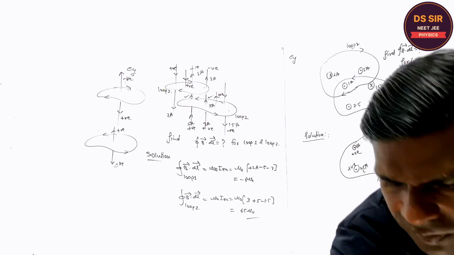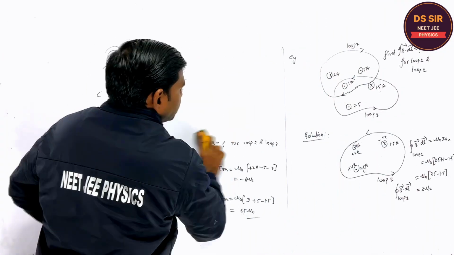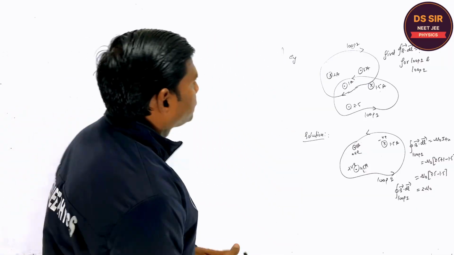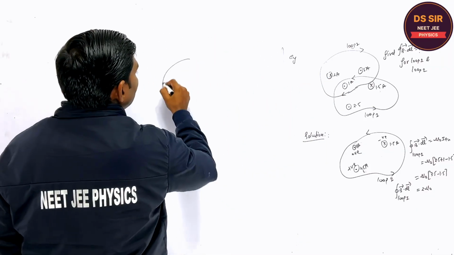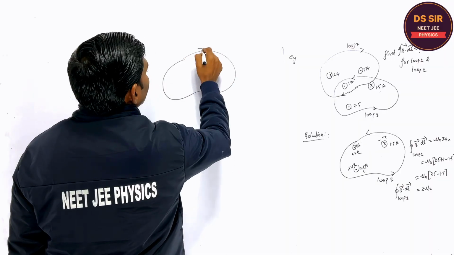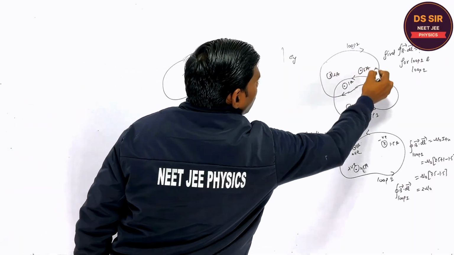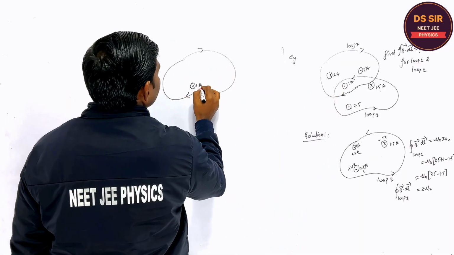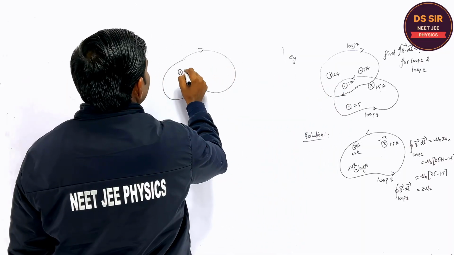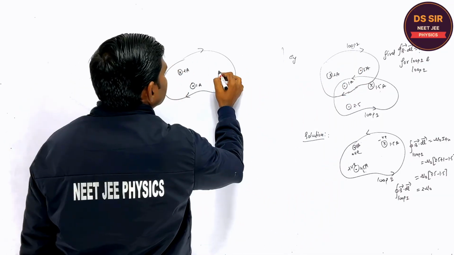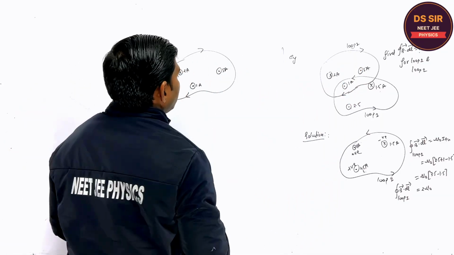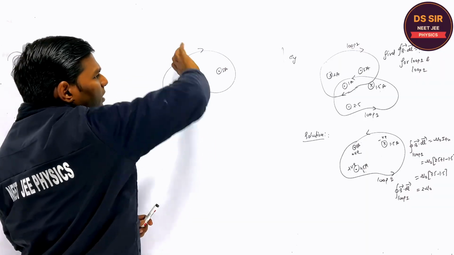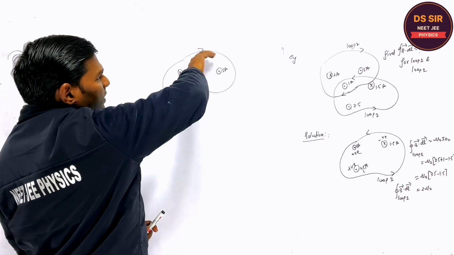Fine. For loop 2, this is loop 2, and this is the orientation. This is the 1 ampere, this is 2 ampere, this is 5 ampere. It is the clockwise sense, so into the board is taken as positive sign.